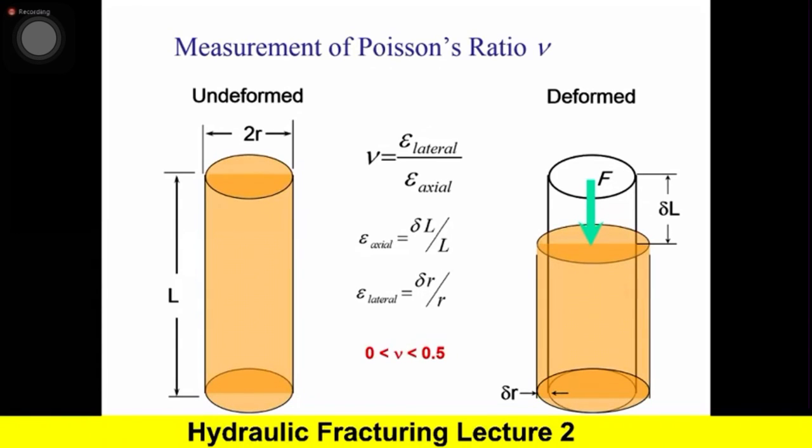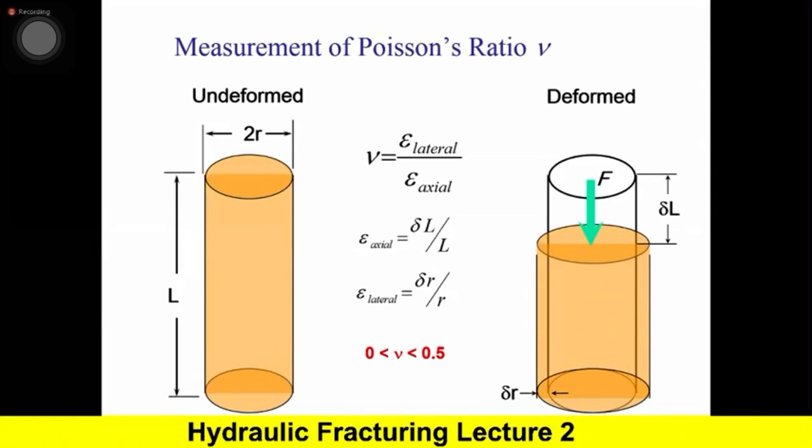So there is axial strain, which is delta L over L, but there's also lateral strain, which is the change in radius divided by radius, or the change of diameter divided by diameter. If I take the ratio of the lateral strain divided by the axial strain, that gives me what we call Poisson's ratio.